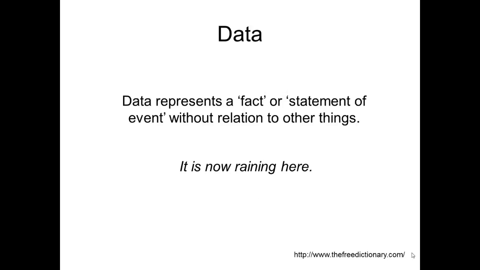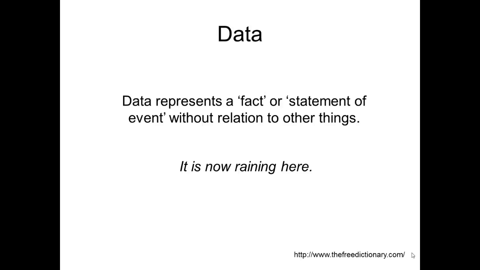So first of all, we need to define what he means by these layers. What are these different layers? At the bottom, we have the idea of data. What is a piece of data? Well, the definition that I've got here is that it represents a fact, whatever a fact may be.